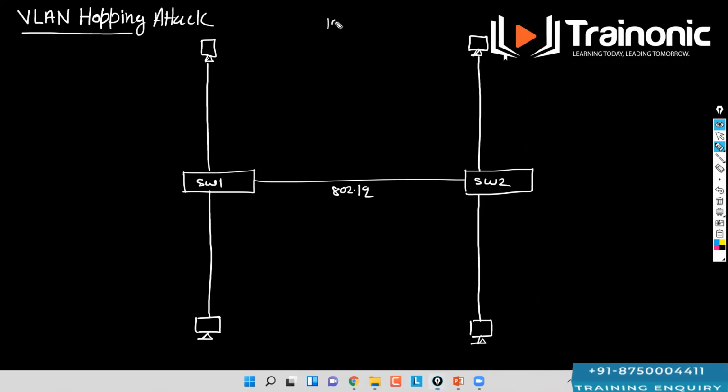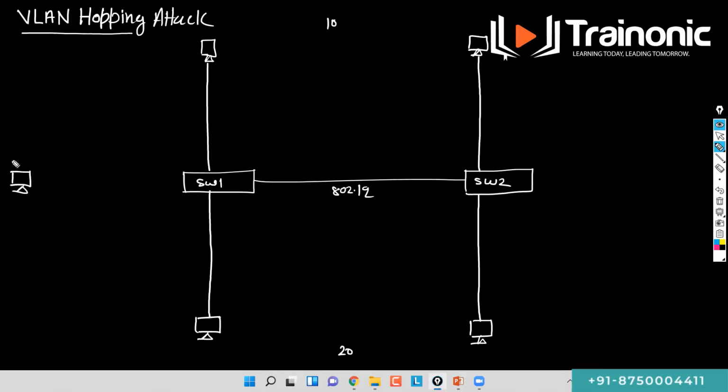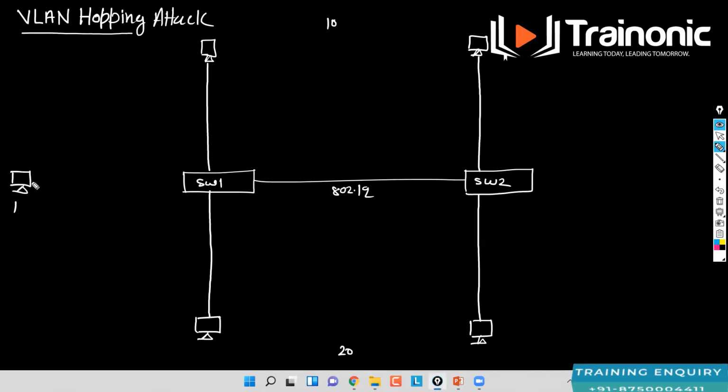This is VLAN 10, this is VLAN 20, and by default we have VLAN 1 here, and in VLAN 1 we have a user here.